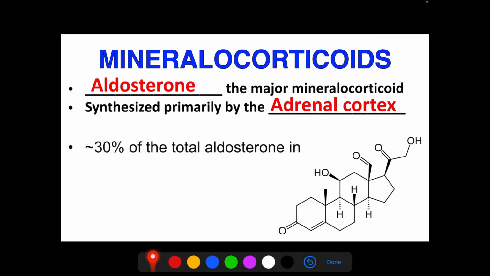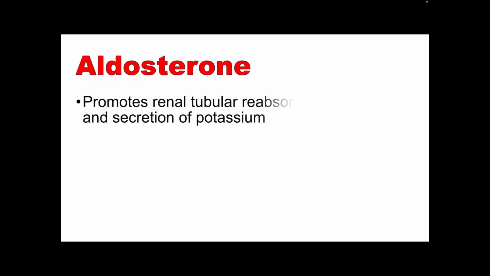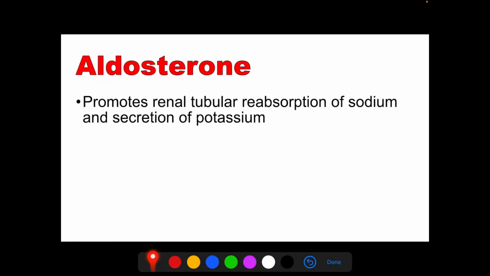And another thing is that approximately 30% of the total aldosterone in the plasma circulates bound to cortisol binding globulin, or the CBG, and around 42% is interacting with the albumin. So this is the structure of the aldosterone. And again, the main function of this aldosterone is it promotes renal tubular reabsorption of what?